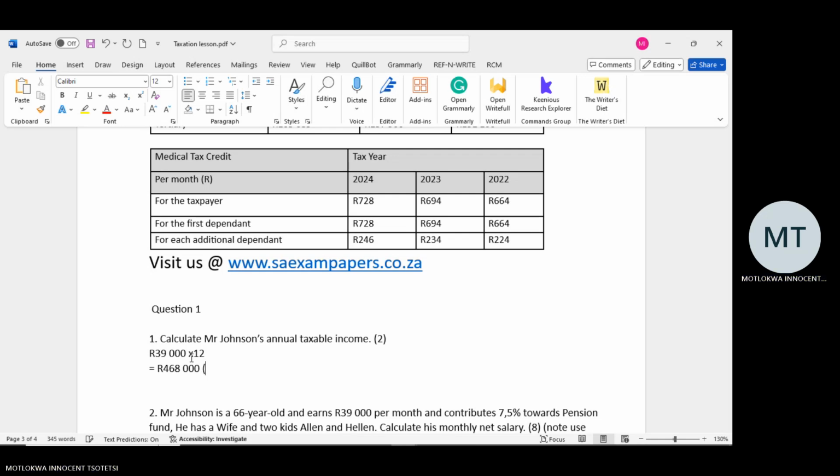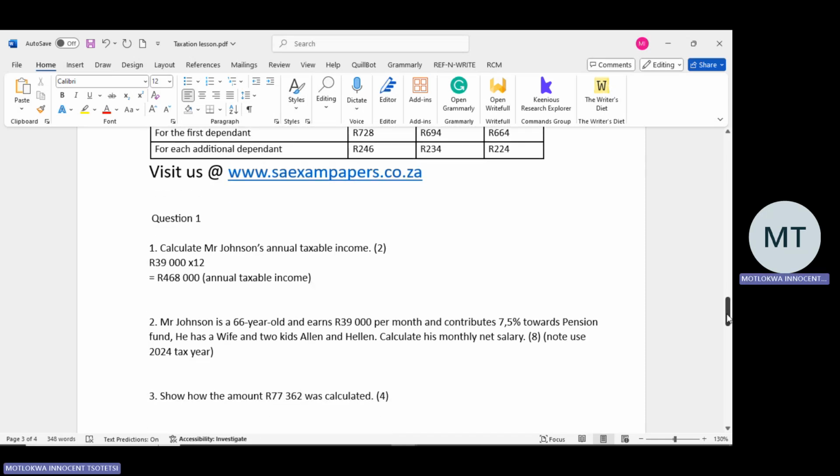So this is his annual taxable income. Okay, annual taxable income. So it's 468,000. Okay.